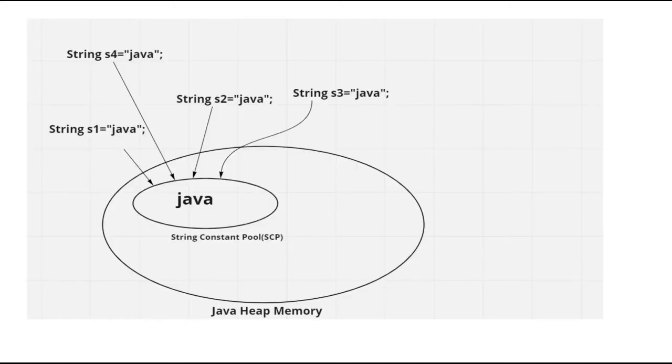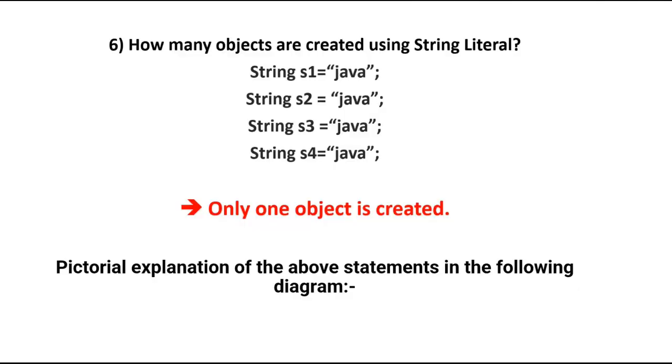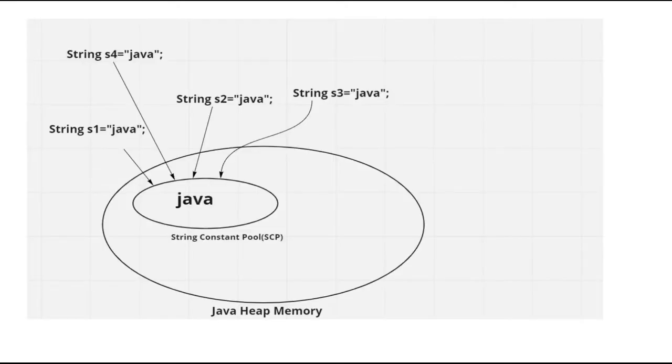Let's understand through the diagram. This is the Java heap memory. Inside the Java heap memory, we have the string constant pool. First, String s1 = "Java". The JVM will check whether Java exists in the constant pool or not. It does not contain it, so it will create the object.